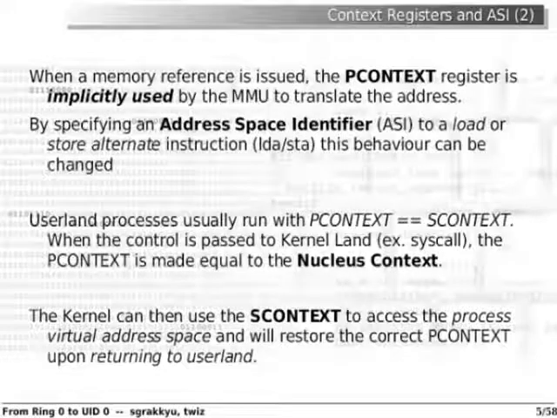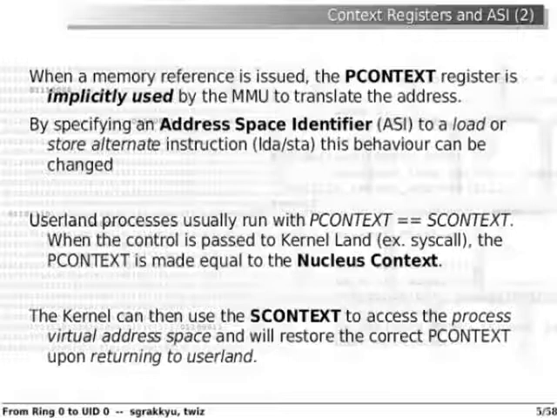Each context register is a 13-bit value, and this value is used by the MMU when you reference a memory address to translate it from a virtual address to a physical address. If you specify a normal instruction and you're in user land, then you will be using the primary context.